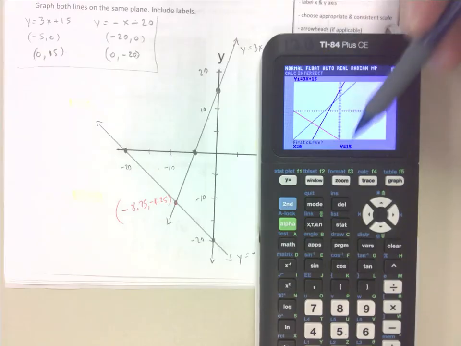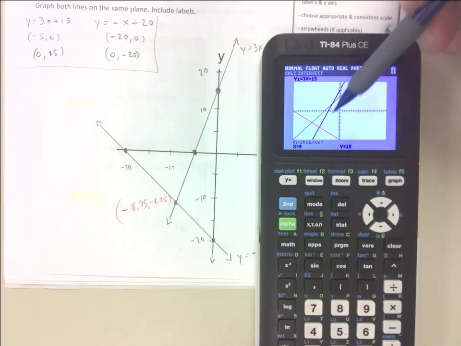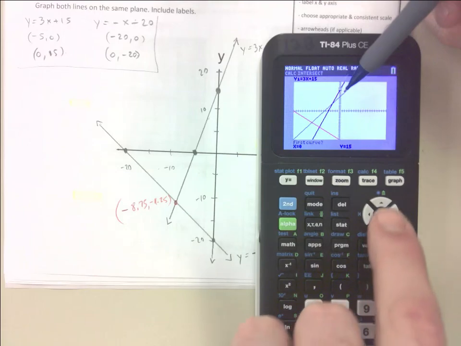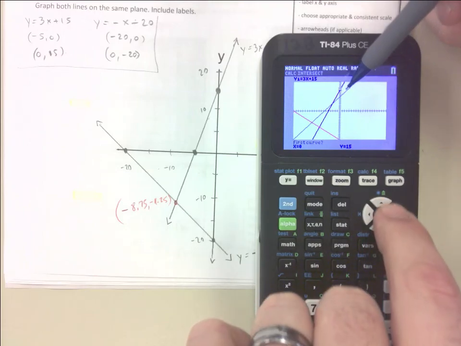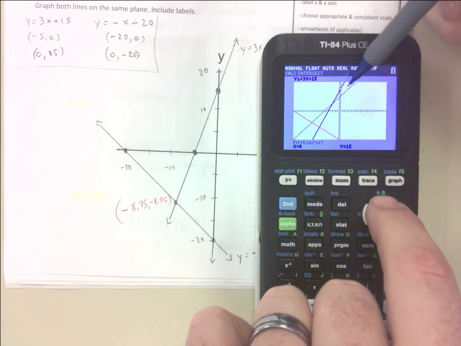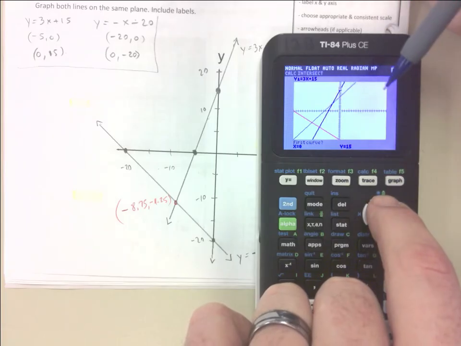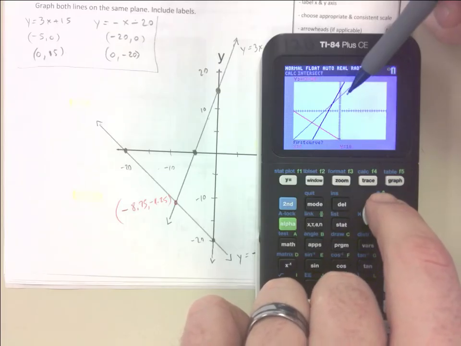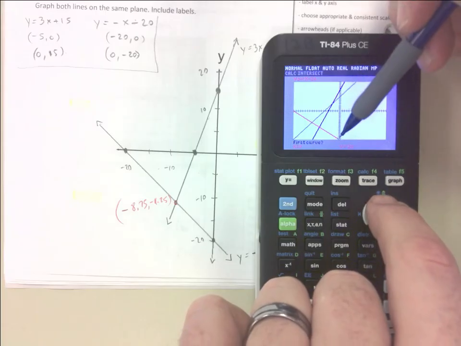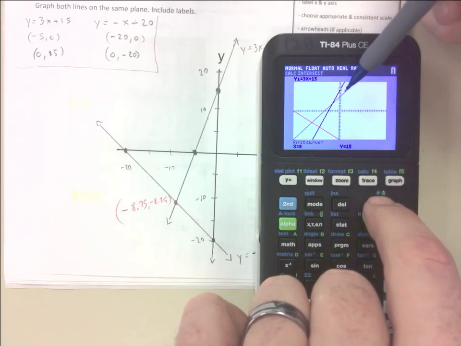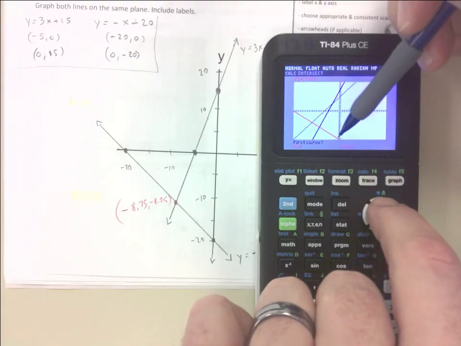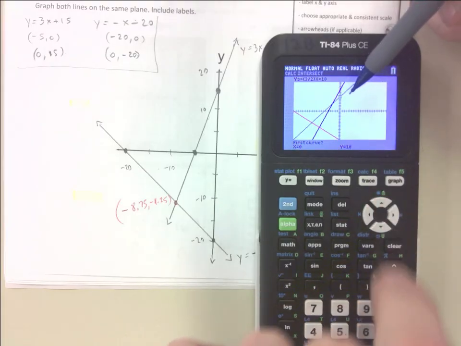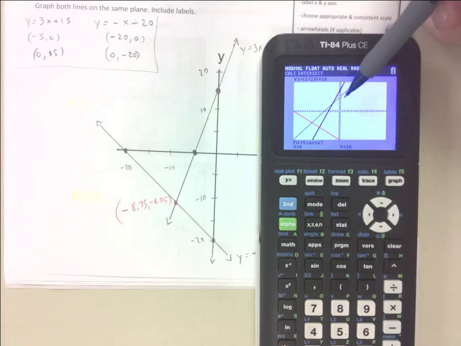What color is everything in right now? Everything is blue, so I don't want that one. So I'm going to use the up and down arrows. Jump until you get to either the red or the black. See, now I'm on the black line, right? If I keep going up with the arrow, I'm going to go to the red one and then cycle through blue, black, red, right? I'm going to go until I stop on the black line.